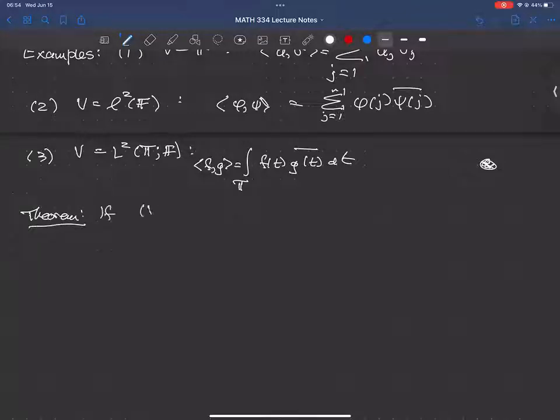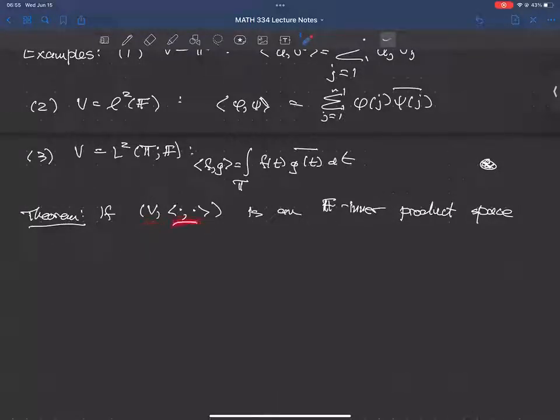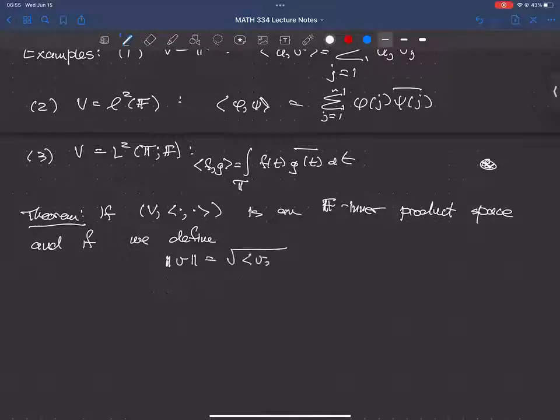If we have an inner product space, of course, this just means it's a pair, V and this, where V is an F vector space and this is an inner product, as defined above, let's define this thing, which has a symbol like a norm because it is a norm.